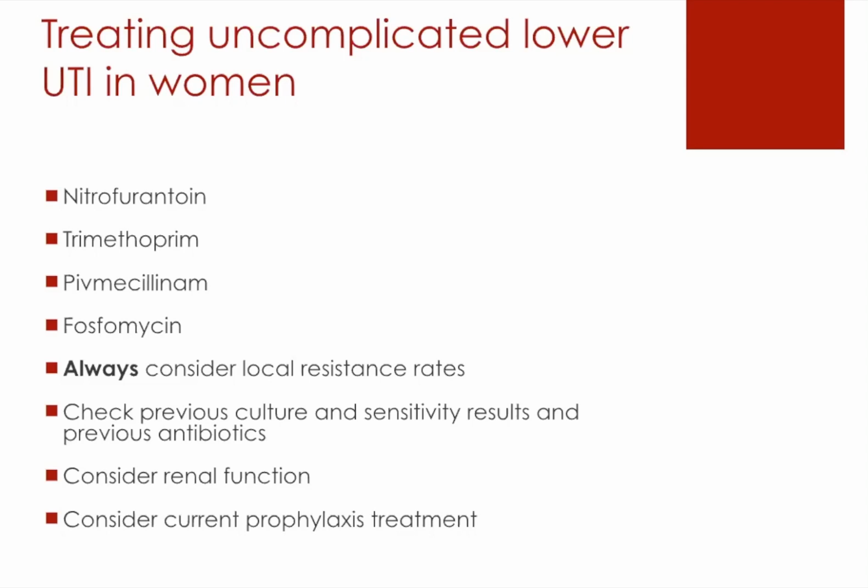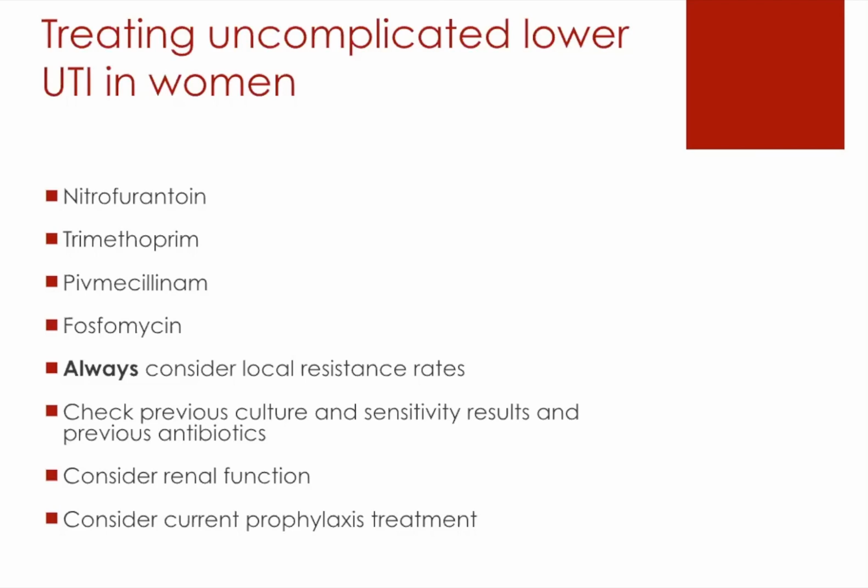Always consider local resistant rates. Trimethoprim in some regions in the UK have 40 to 42% resistant rates. So really you don't want to be treating these patients with trimethoprim empirically, meaning without you knowing what the causative organism is. And look at previous culture and sensitivity results, if they are there, and previous antibiotic use.